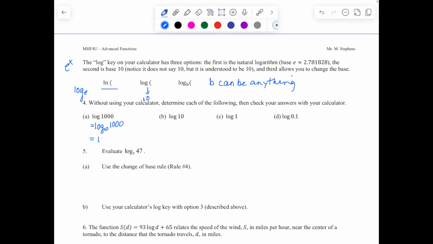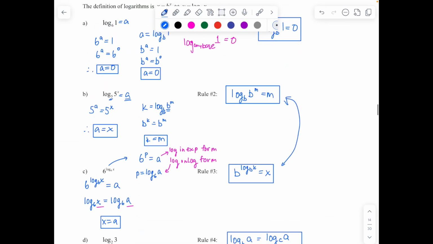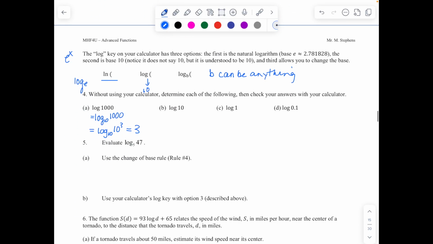Log base 10 of 1000 can be written as log base 10 of 10 to the power of 3, and we know, using rule, what did I call that? Using rule 2, that this just reduces to 3. Same deal here, log base 10 of 10 to the 1. This is just 1. Log base 10 of 1, okay, so how do we do this one?